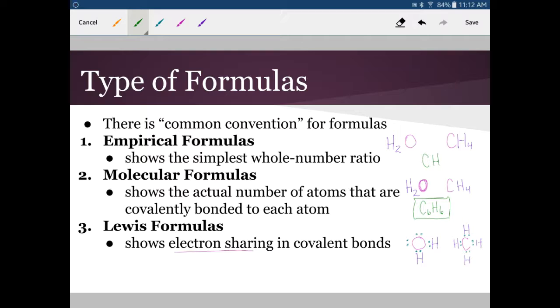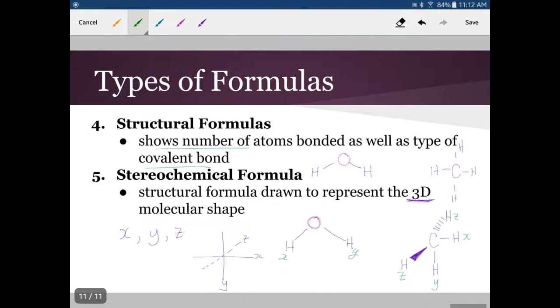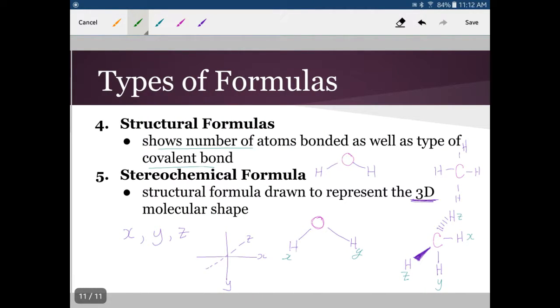Now, I would like you to watch the Khan Academy video after this, and he'll go through this concept again of looking at our empirical, molecular, and structural formulas. So that will give you a better idea of this benzene example too, to see how our empirical and molecular formulas do differ.